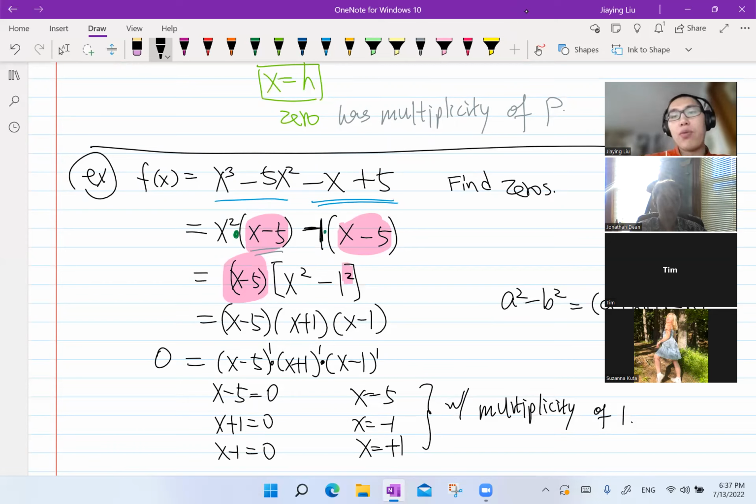What I did is I wanted to show that x squared minus 1 is really the difference of two squares, because 1 and 1 squared are not the same, but 1 squared equals 1. So every time we see 1, we can always add a square if we need it to make a difference of squares. I see now. Thank you. Yep.